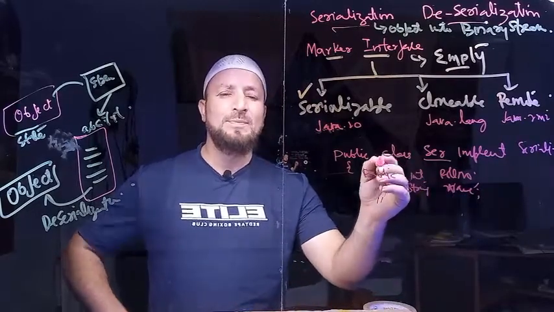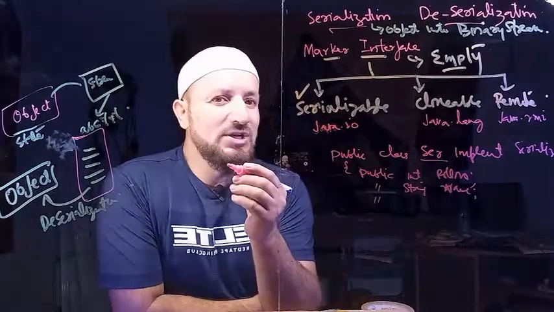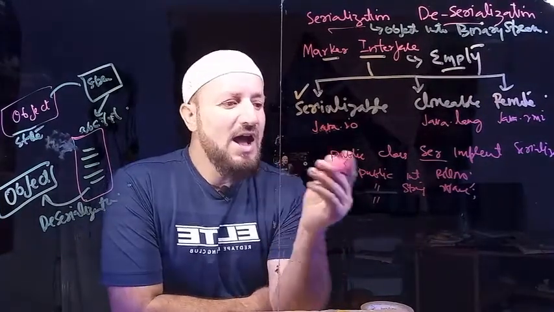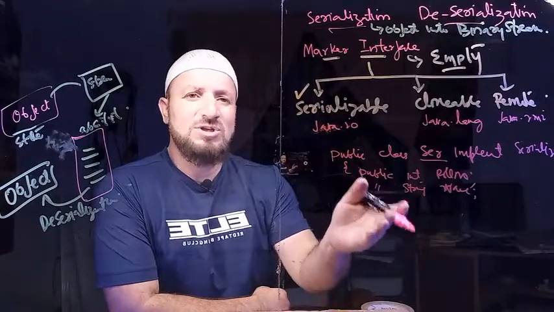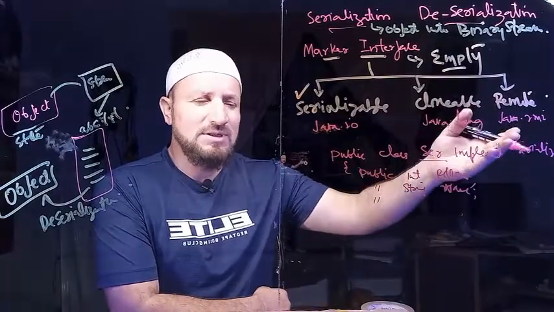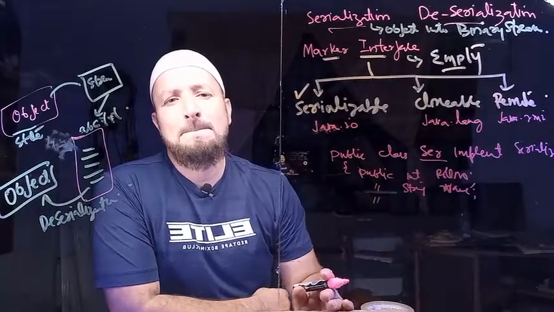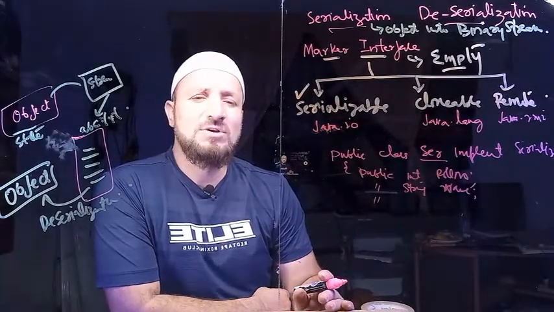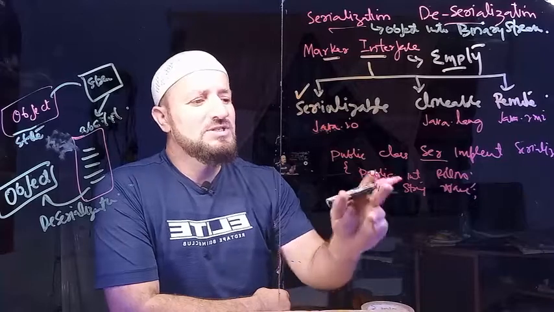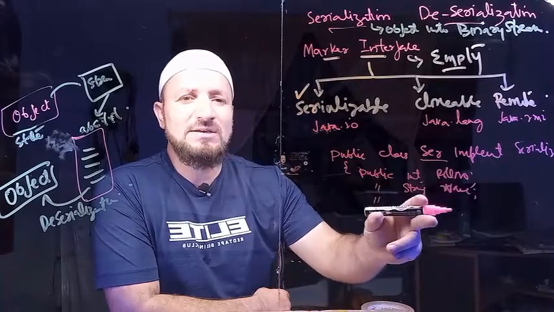But I have one provision: if I have these instance variables and I want to serialize this instance of the object into the file, I have a provision to stop some field from being stuffed into the file.